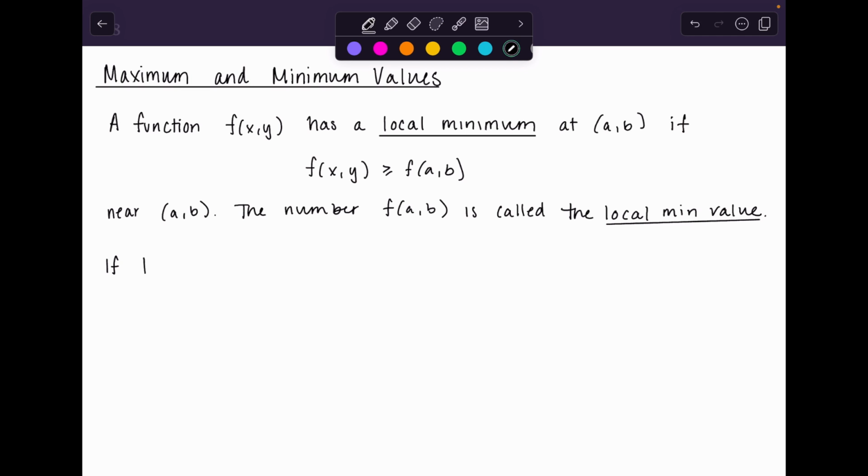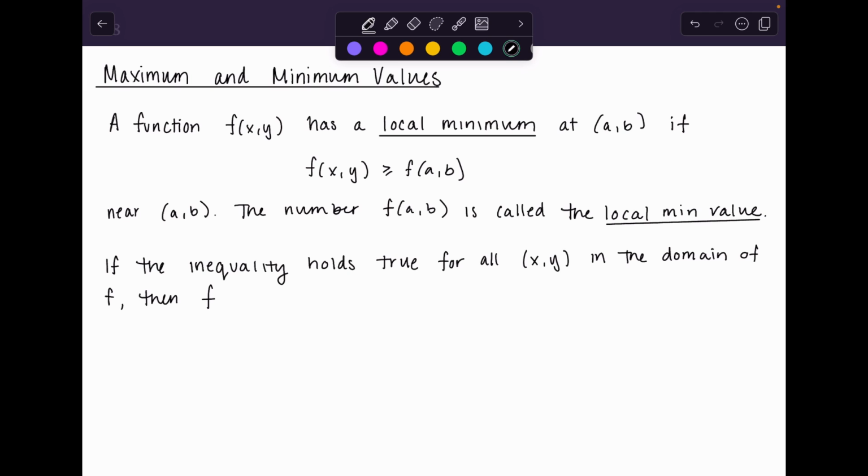So if the inequality holds true for all (x, y) in the domain of f, then we say f has an absolute minimum, or you can also just abbreviate absolute min, at the point (a, b).